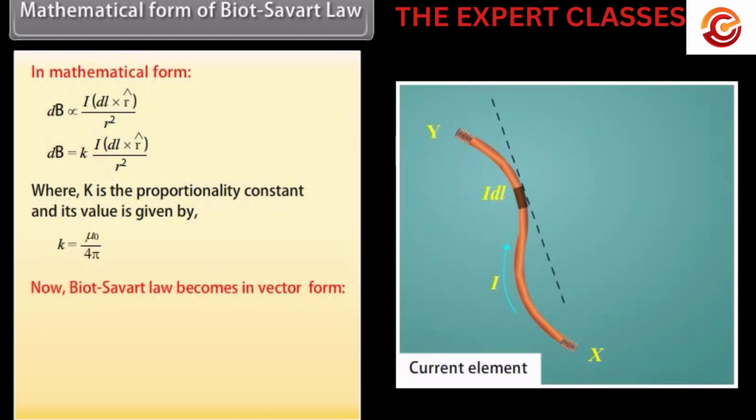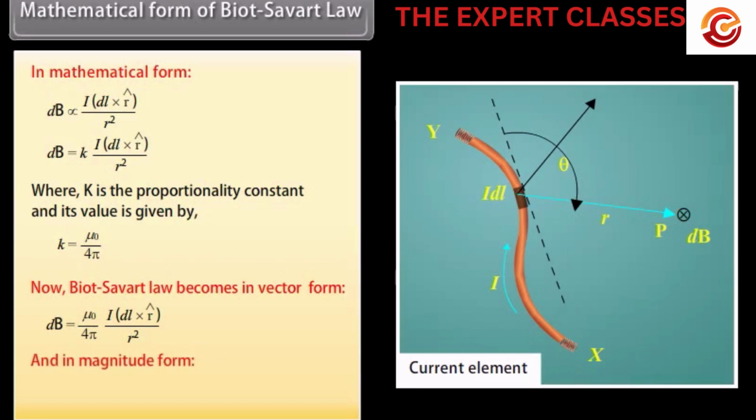Now the Biot-Savart law in vector form is given by dB equal to mu naught upon 4 pi multiplied by I and the cross product of dl and r cap, divided by r square. And in magnitude form, dB is equal to mu naught upon 4 pi multiplied by I dl sine theta divided by r square.